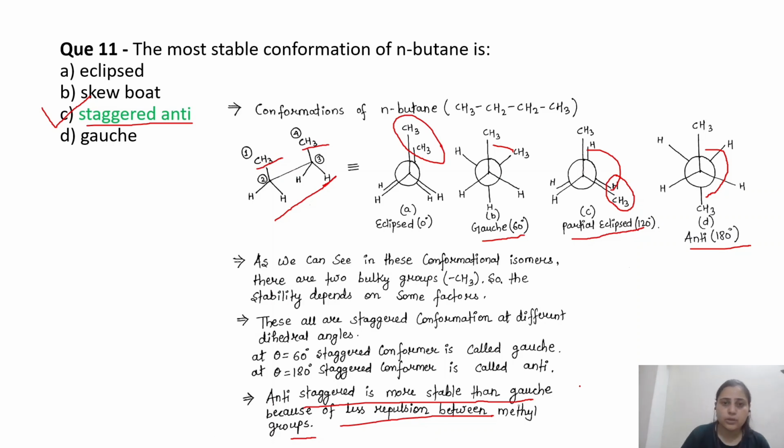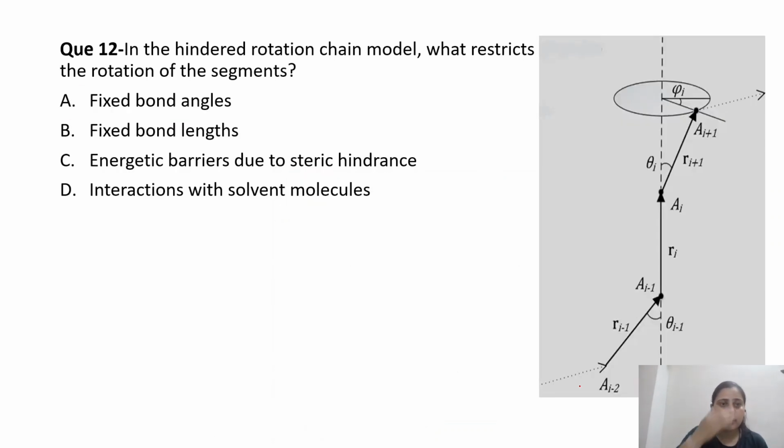Now let's discuss question number 12, which is about the different polymeric chain models. There are different polymeric chain models, which are named the hindered rotation chain model, the ideal chain model, which is the freely jointed chain model, and then the freely rotating chain model.